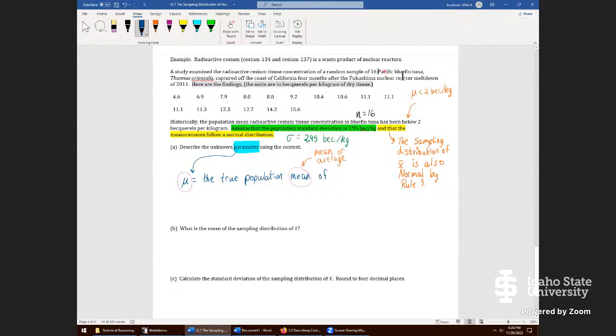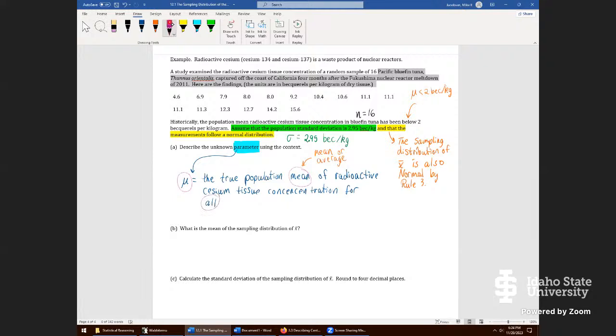It was of all Pacific bluefin tuna. So that's what we're trying to describe right here. The mean of the entire population of Pacific bluefin tuna after that meltdown. So let's say true population mean of radioactive cesium tissue concentration for, I like using this word here, all.